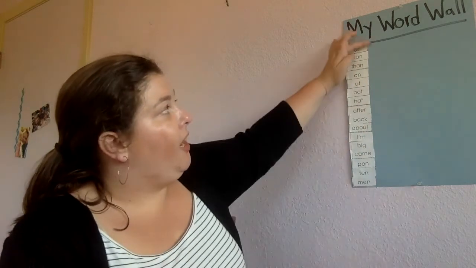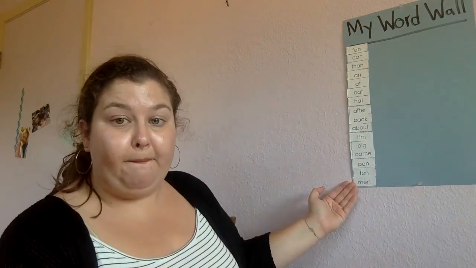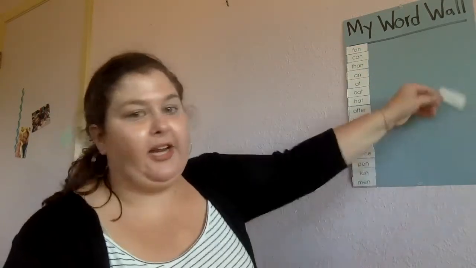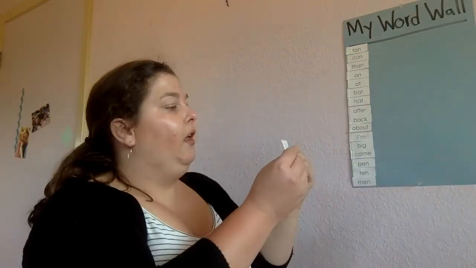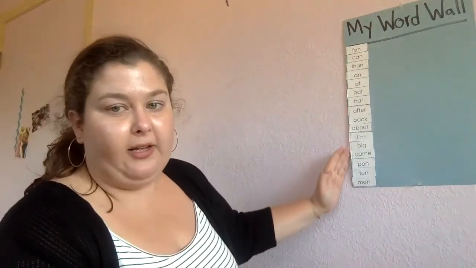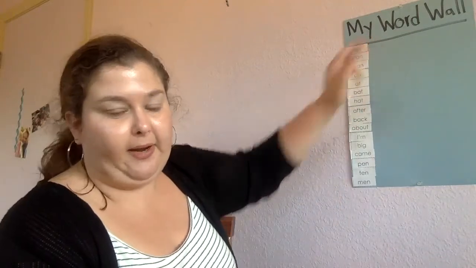Now I'm starting another column because I went from top to bottom, and I'm not just going to put it anywhere. I'm going to put it right here, okay? Voy a empezar una columna nueva y voy a ponerlo exactamente aquí, al lado de la primera palabra.